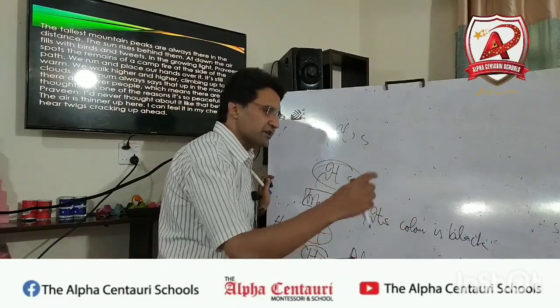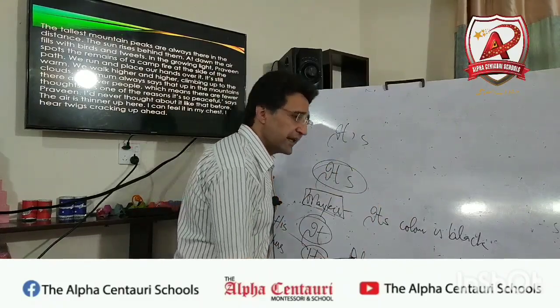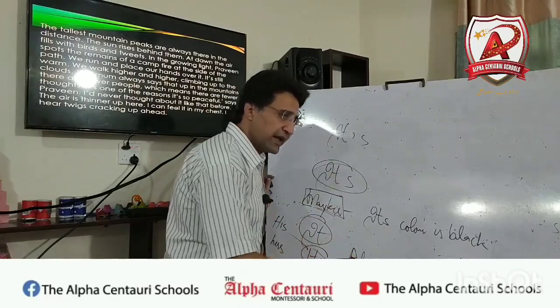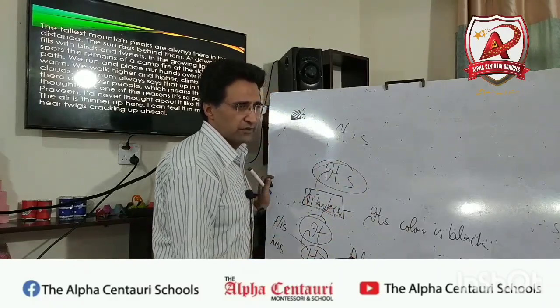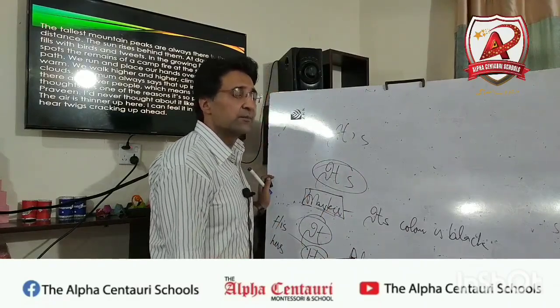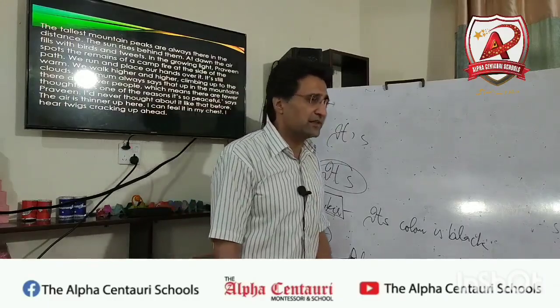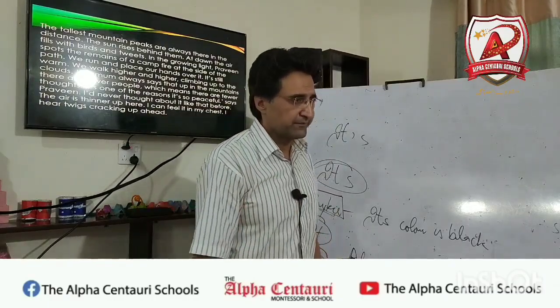I want to change it. Clear? When we don't want to repeat the name, instead of the name we use a word. And that word is called what? Pronoun. Am I clear? For example, in Urdu I can explain to them that Ali is writing.